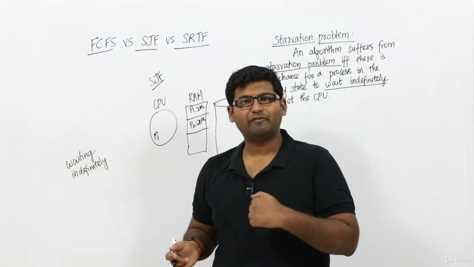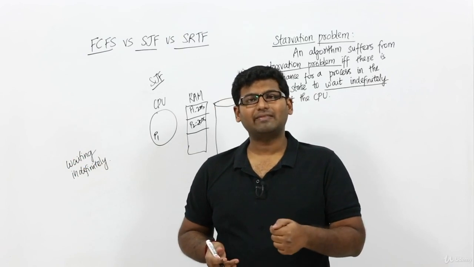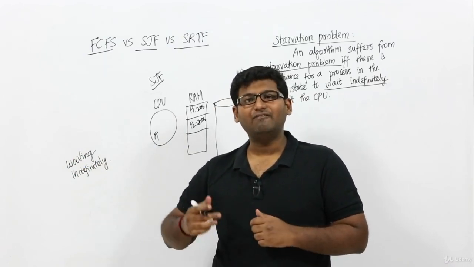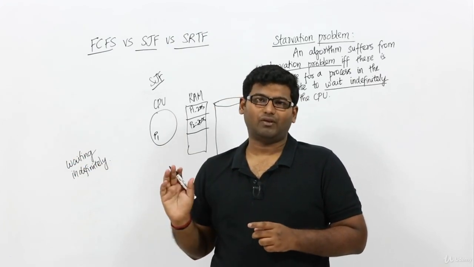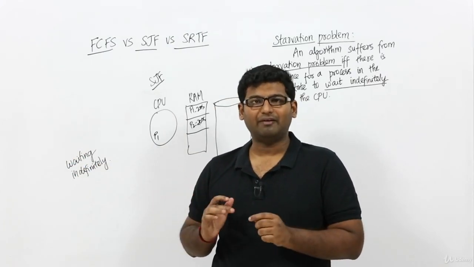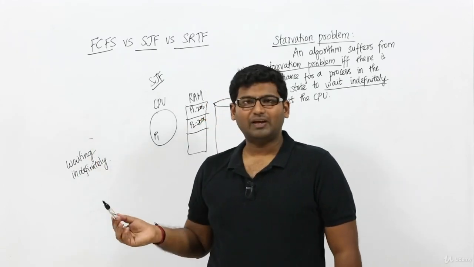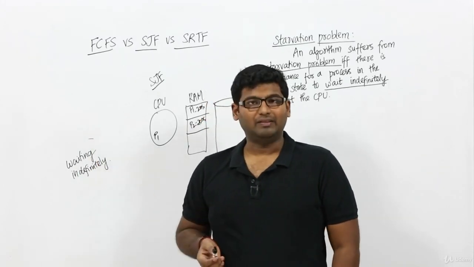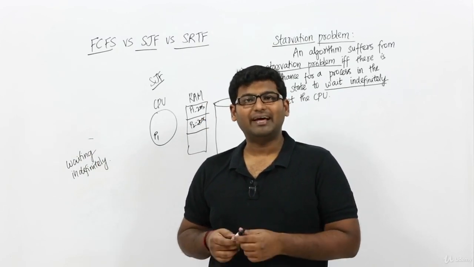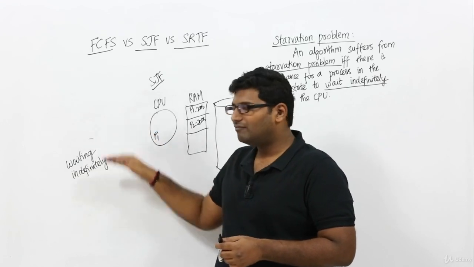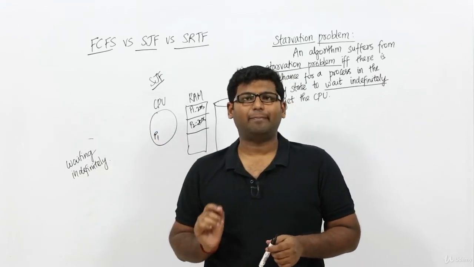Now, what is meant by saying that I'm waiting infinitely? Waiting infinitely means I will be waiting forever, which means that event will never happen. But I'm not saying this here. I'm not saying that the event will not happen. The event can happen, but there is no upper bound on the time within which this event should have definitely happened.